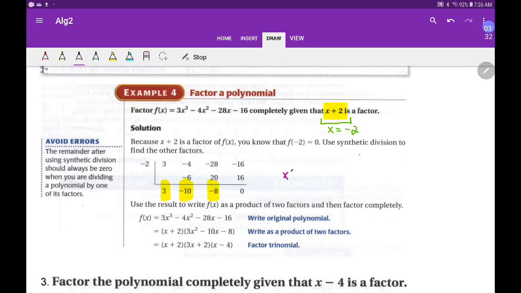So I'm going to have x squared instead of x to the third. And what would my coefficient be? Well, it'd be right here, that 3. Okay? So I'm going to put 3. And then what's the next coefficient? Well, negative 10. So I'm going to say negative 10, and I'm working my way down here. X squared goes to x. And then my constant is minus 8.